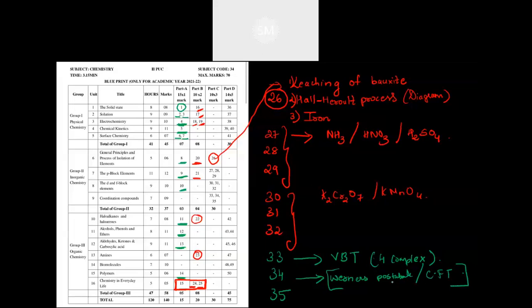VBT you study, Werner's postulates you be very thorough, and then isomerism. Isomerism, linkage and all that you study first. Structural and geometrical could also be asked.